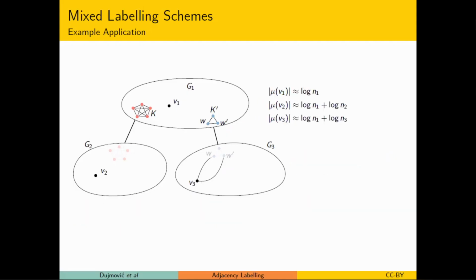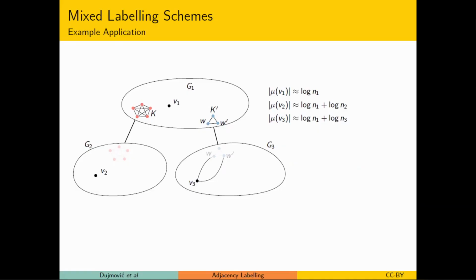Well, that's all awesome. Let's look at the lengths of the labels, because we haven't done that yet. Let's say the number of vertices up here is n1, the number of vertices down here is n2, not counting the shared vertices, and n3, not counting the shared vertices. Well, the labels up top are just one labeling local to this graph. They should have length approximately log of n1 plus a lower order term.